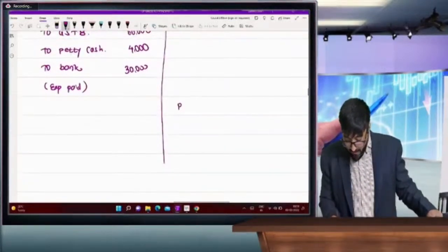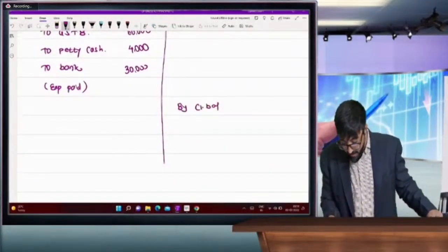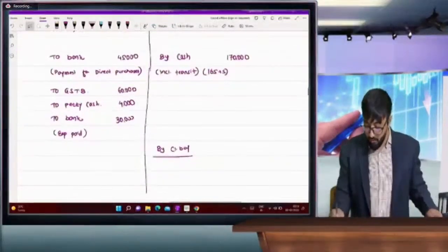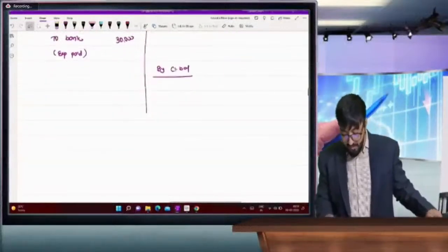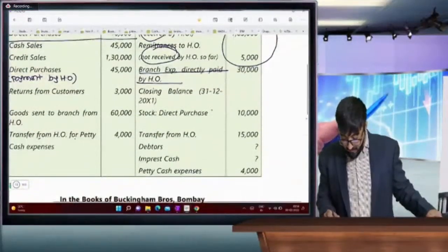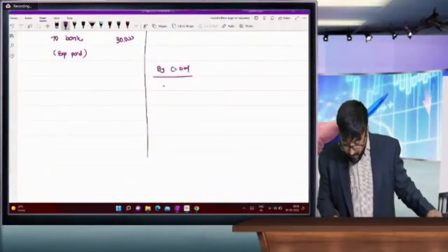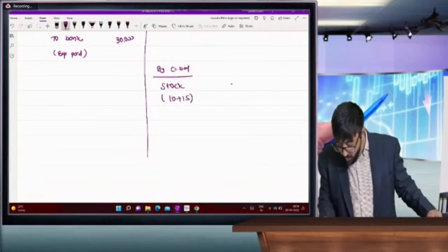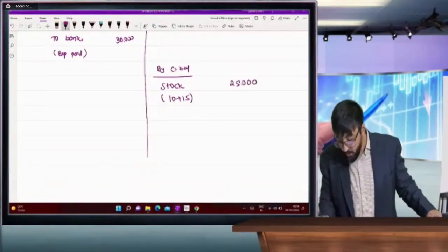Now it's time for writing closing balances. So closing balances I will write here. Don't write in front of these things. Closing balances on the last side. Some are given, some are missing. Stock is given: 10 plus 15, there are two types of stocks, 25,000.